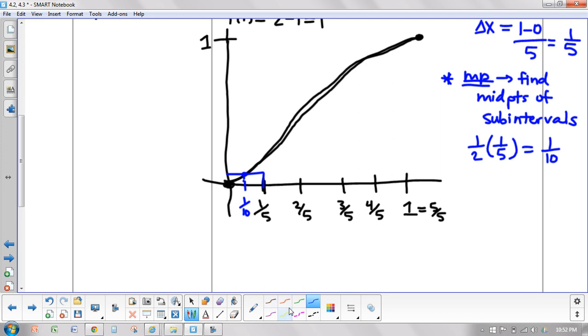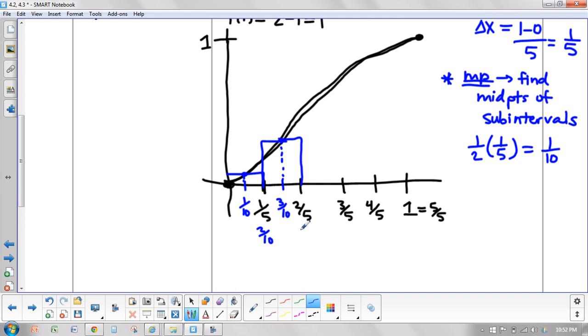Then for the next one, I need to measure and kind of count by tenths. Well, 1/10 and then 2/10 is the same thing as 1/5. So the midpoint of that next rectangle is going to be at 3/10. And that's where you go up to the function, and that's what you use to come over and make your actual rectangle.